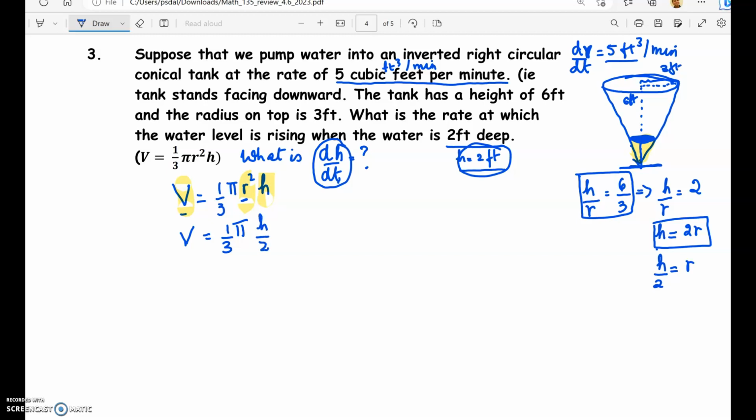So height divided by 2 is radius, the whole squared, times h. Simplifying, I get 1/3 pi h cubed, because h squared times h is h cubed, divided by 8. So now this is equal to 8 times 3, 24. 1/24 times pi times h cubed.